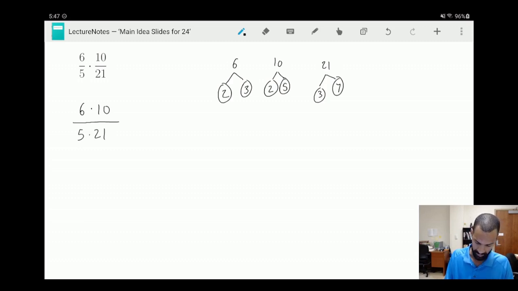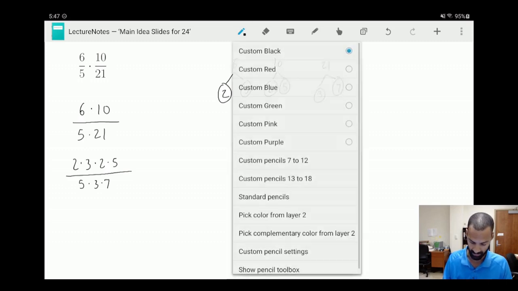I did this because now I can rewrite this as 2 times 3, that's 6, times 2 times 5, that's the 10, over 5, that was a prime number, so I couldn't break that down, times 21, which is 3 times 7. So I wrote the numerator and the denominator in terms of factors. It's all multiplied out.